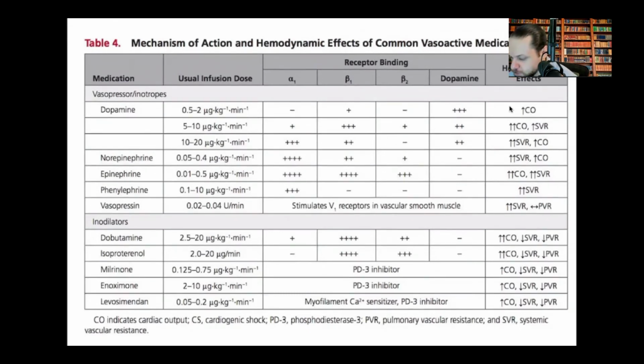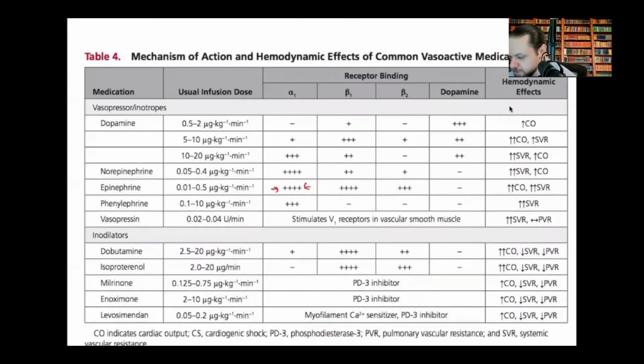The more plus signs you see here, the higher the response, the more heightened the response. These are some of the medications found in your protocols. You definitely saw dopamine, norepi, and epi. We used to have vasopressin before in the protocols, but these three medications are definitely found in your protocols.